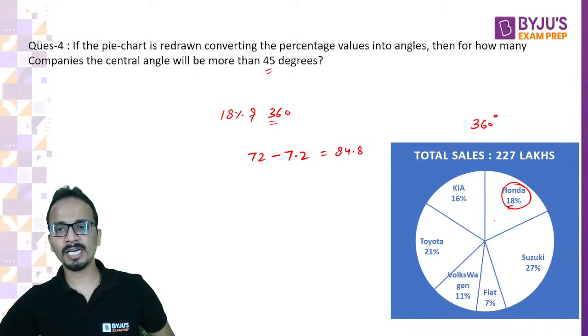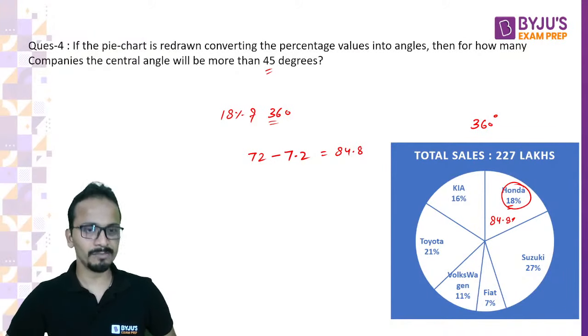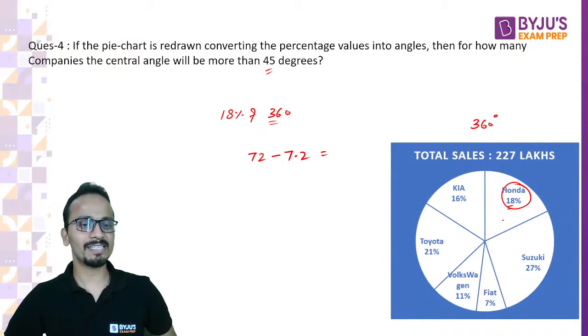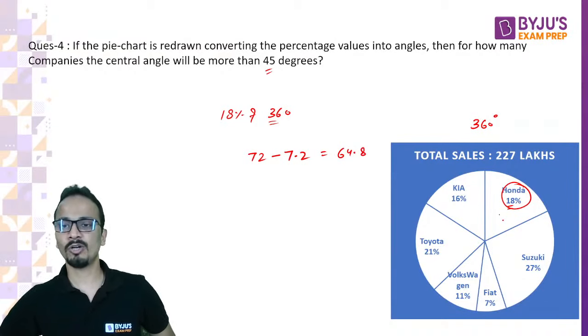So what will come here? 84.8 degrees. Okay, wait, sorry, 64, I'm sorry. What am I doing? 72 minus 7.2 will be 64.8. All right, 64.8.